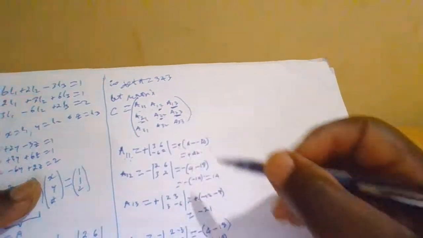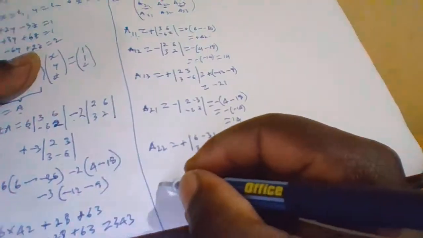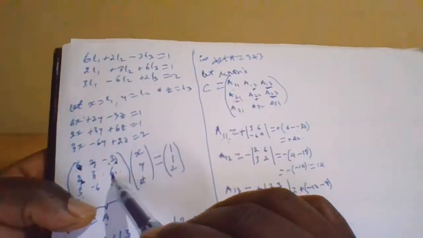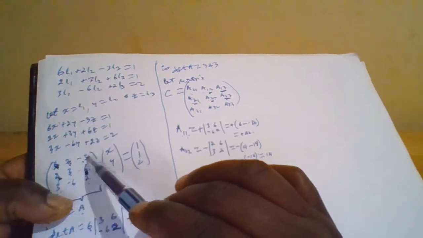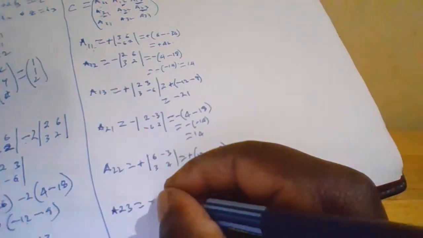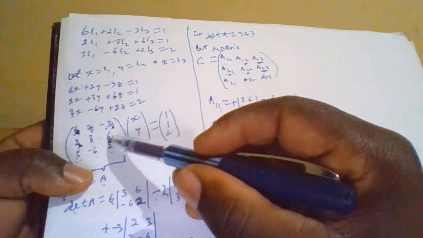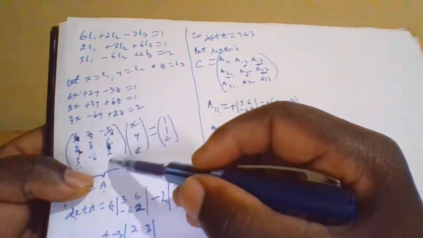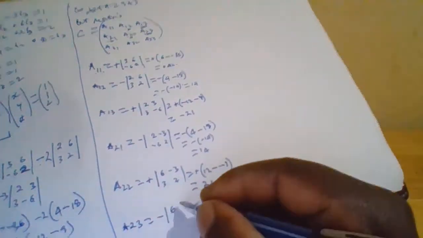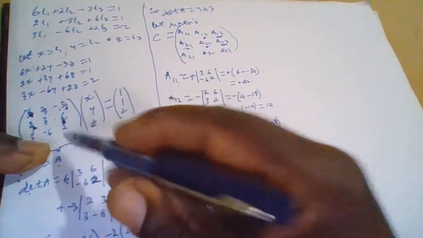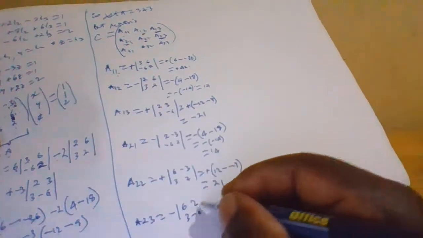We move on to the last element in this row, which is A23. A23 corresponds to this element 6. The place sign is positive, negative, positive, negative, so the place sign is negative. The minor of this element 6, we block this column and this row, so it will be 6, 2, then 3, negative 6.